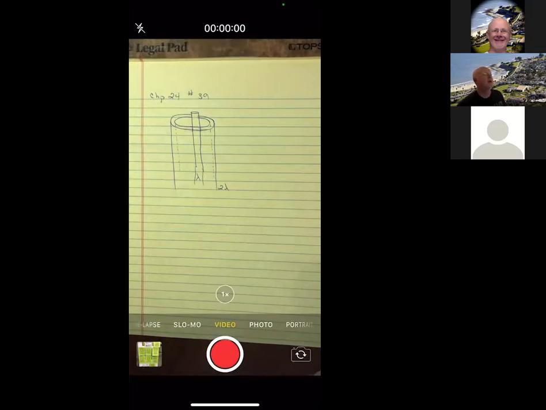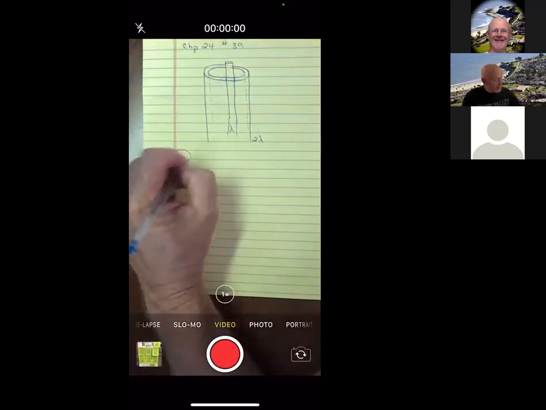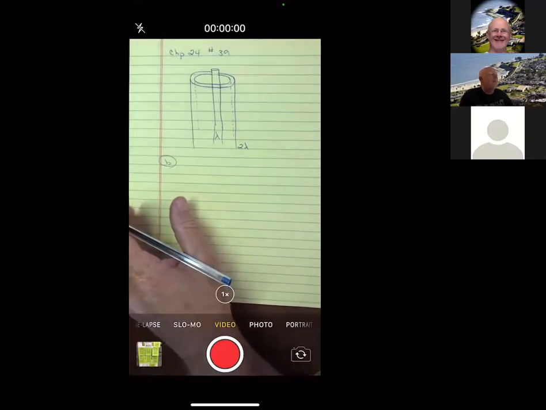From this information, use Gauss's law to find the charge per unit length on the inner and outer surface. Okay, now maybe I'll do B first. Find the electric field. Well, yeah, B might be a little more straightforward. They both involve Gauss's law.